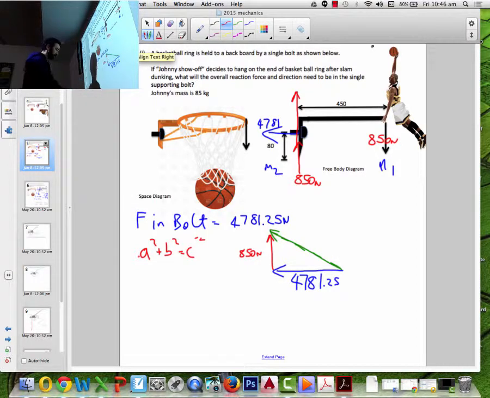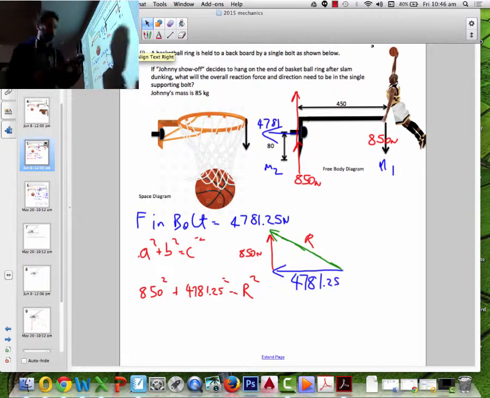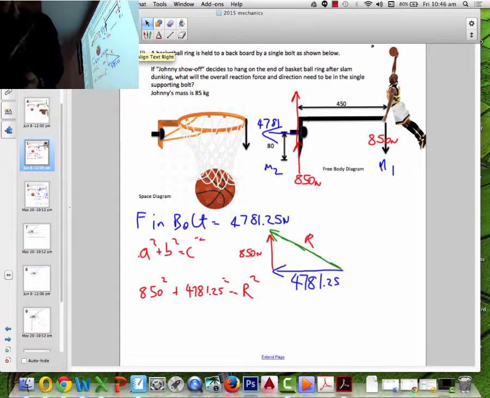If we do 850 squared plus 4781 squared, that is going to equal r squared.